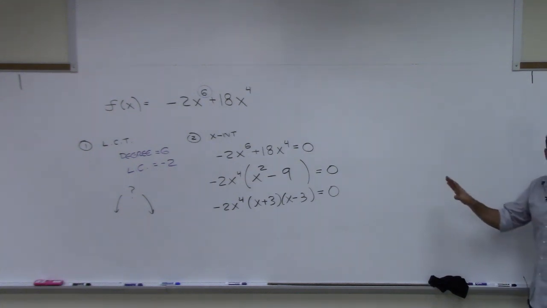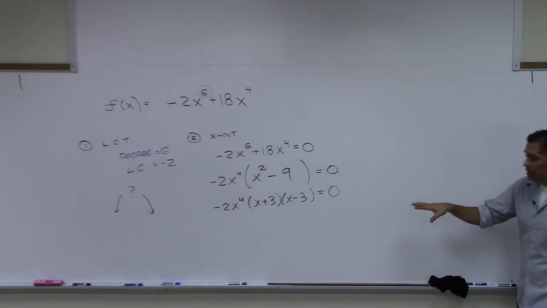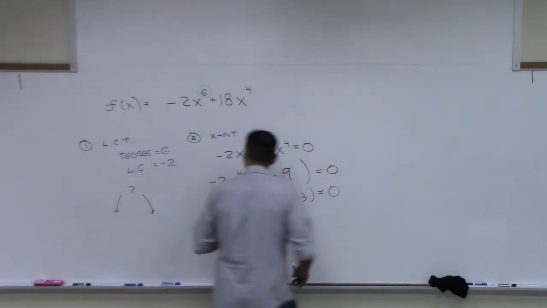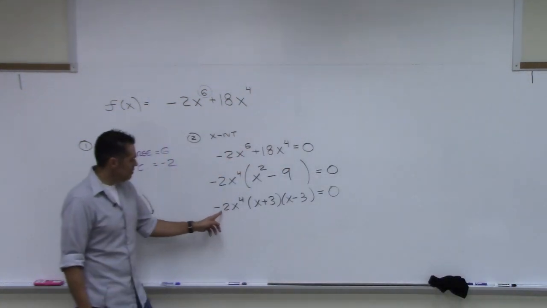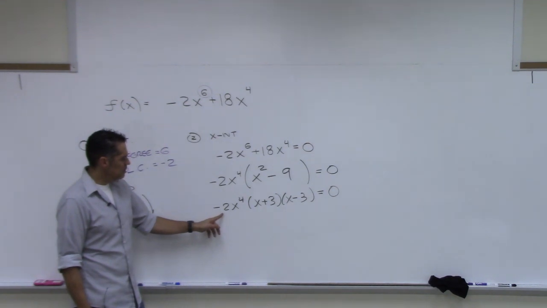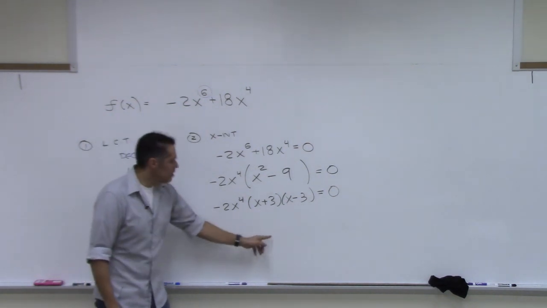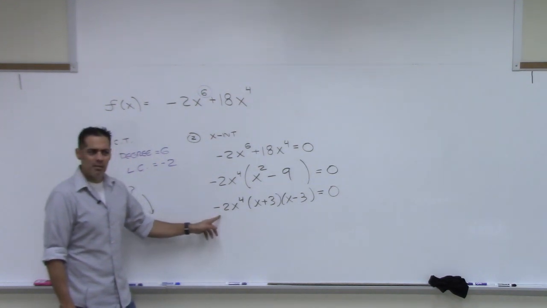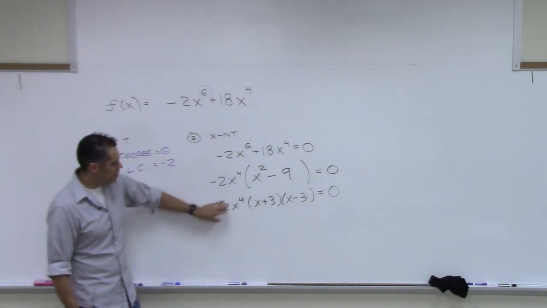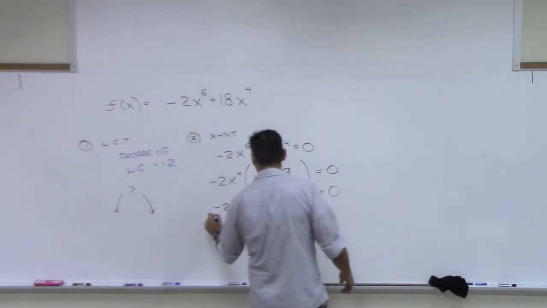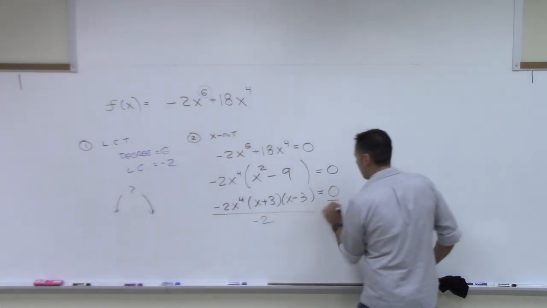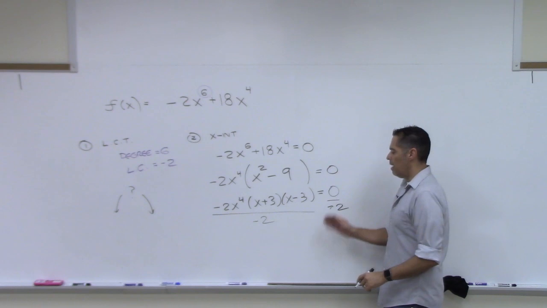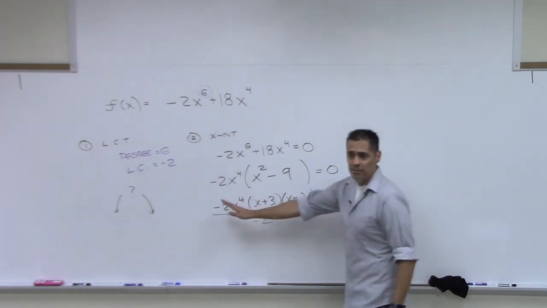Now you set each of these equal to 0. Each one. What about the negative 2? Do I have to mess with the negative 2 at all? I know I'm going to set x plus 3 to 0 and x minus 3 to 0, but the negative 2, do I do anything with it? No, I ignore it, because I could always just divide both sides by negative 2, and this would still be 0, and the negative 2 would go away.